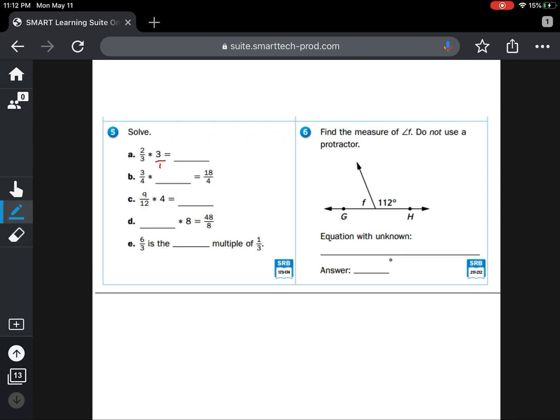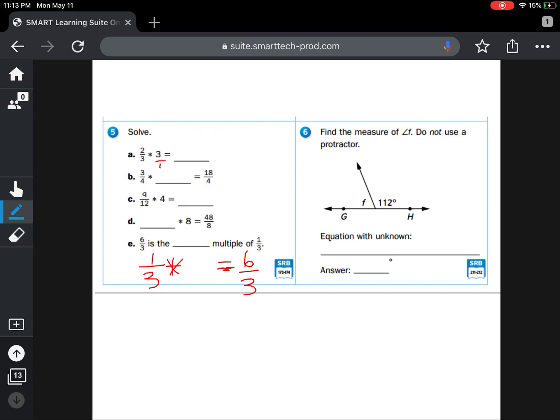For part E, they've worded it a little differently. It says 6/3 is the blank multiple of 1/3. So what they're saying is if they gave you 1/3 times something, what would that missing number have to be for your answer to be 6/3?